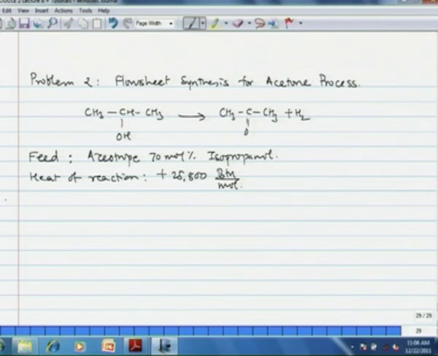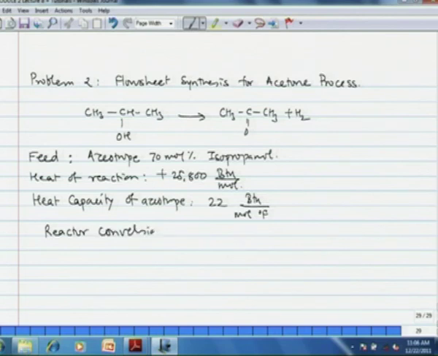The heat capacity of azeotrope is 22 BTU per mole per degrees Fahrenheit. The reactor conversion is 80%, and the inlet temperature of the feed is 572 degrees Fahrenheit. Okay.